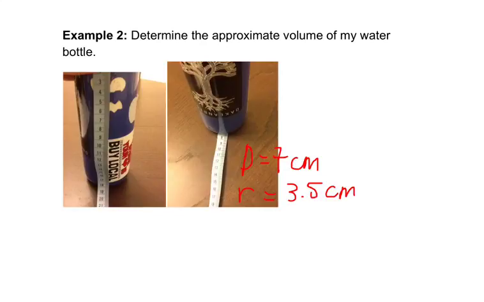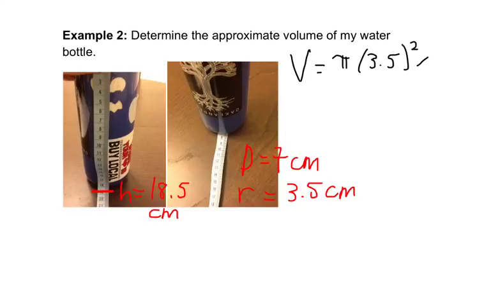The height, when I had this flat down on the table, was 18.5 centimeters. So the volume for a cylinder is pi r squared times the height. Again, I still don't have my calculator, so you can put that in yours. But remember, if we want to leave it exact, we want to leave the pi. So the only thing I'm putting in the calculator is 3.5 squared times 18.5.